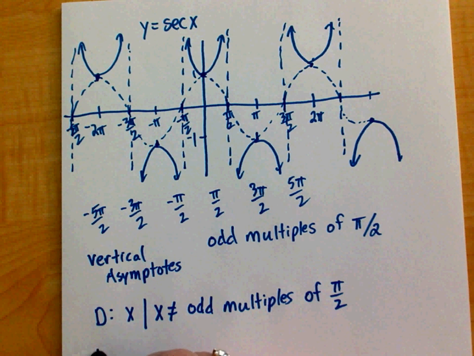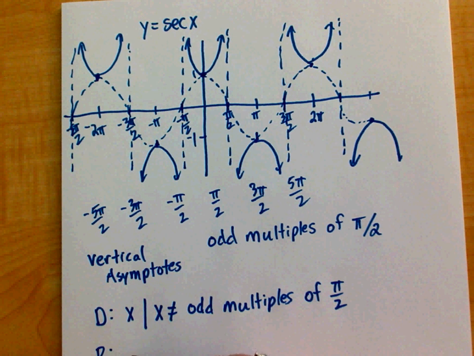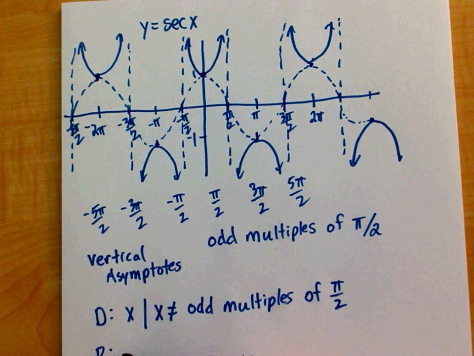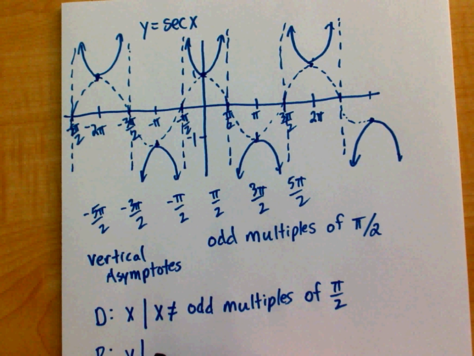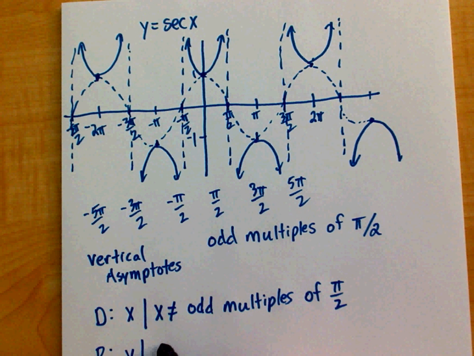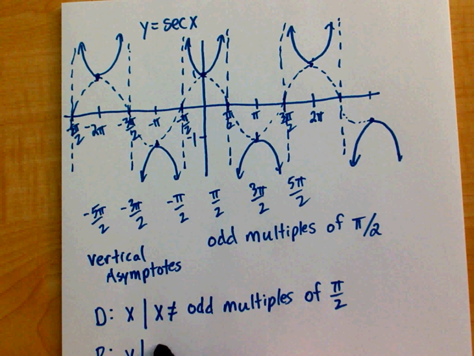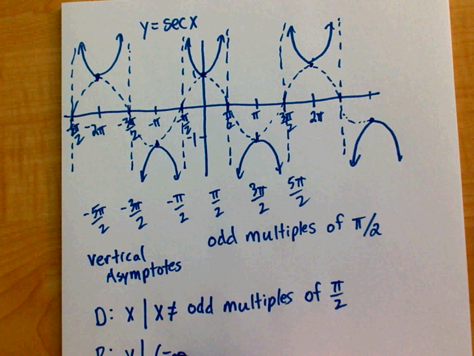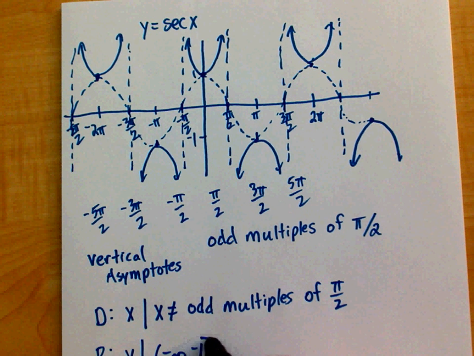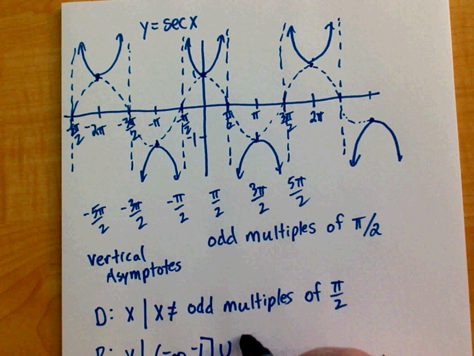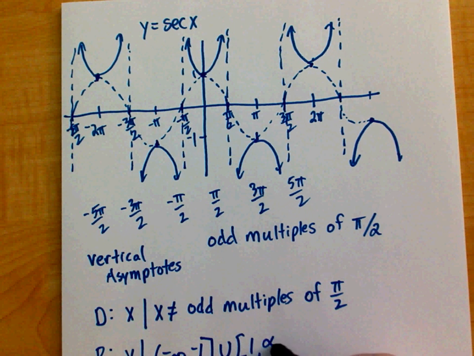For the range, remember that's bottom to top, so it's going to go from negative infinity to negative 1, union 1 to infinity.